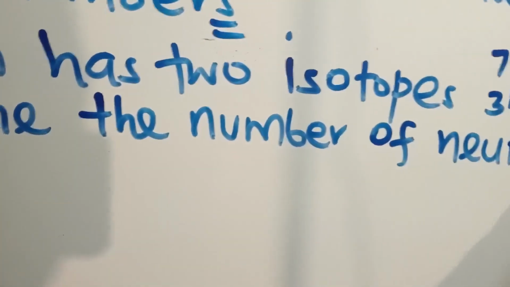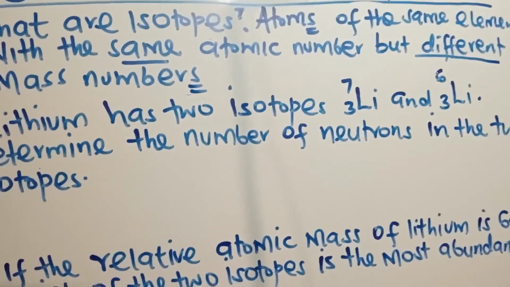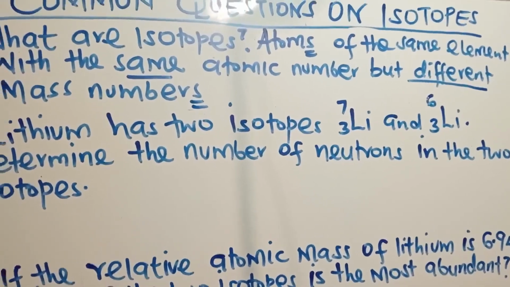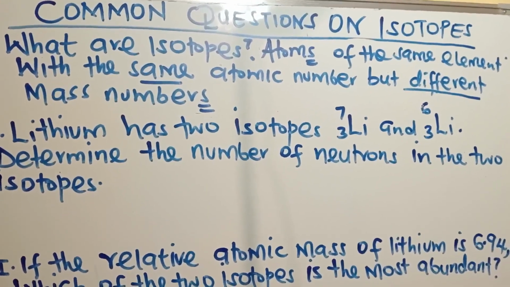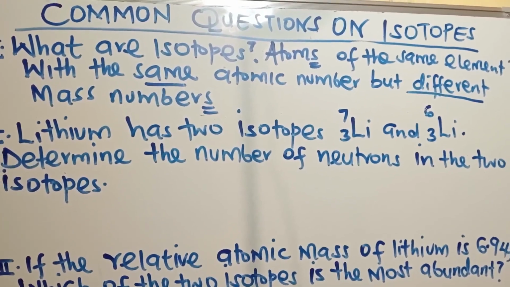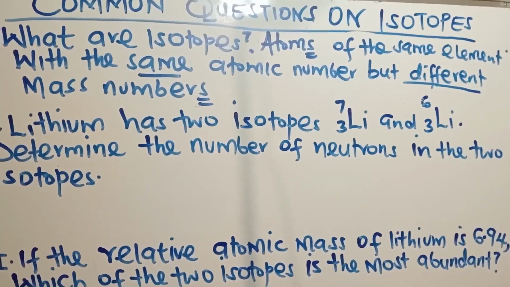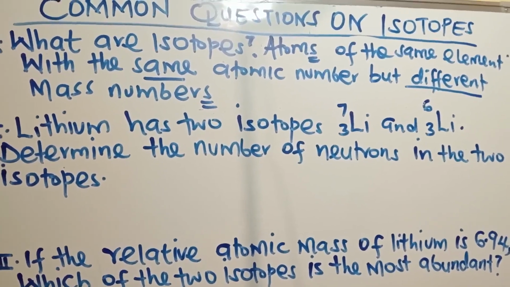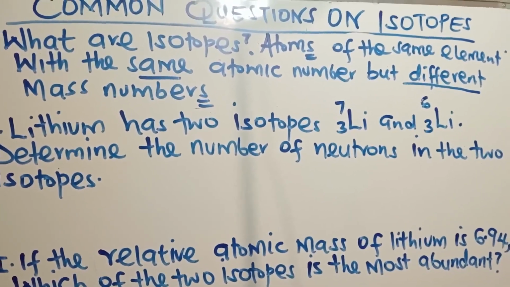So there are those keywords that I want us to check on, those ones that you must include. To begin with, the word atoms should be as it is in plural, not just an atom. Atoms is the correct word.